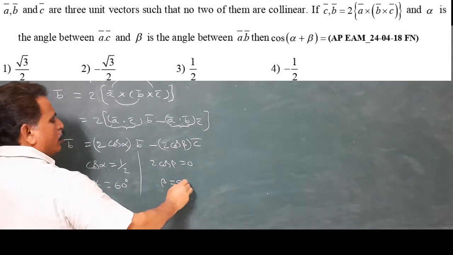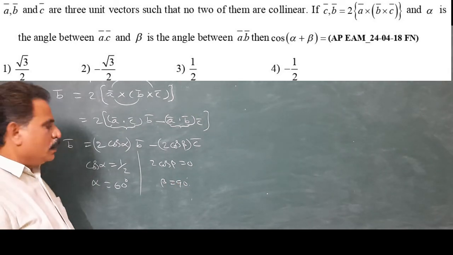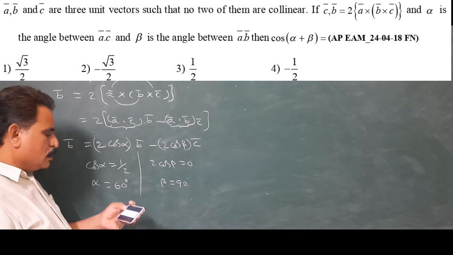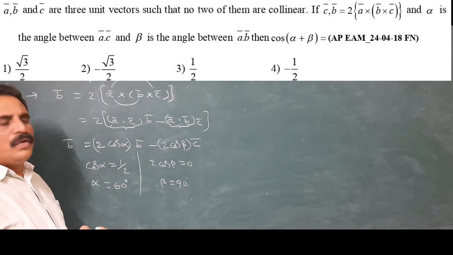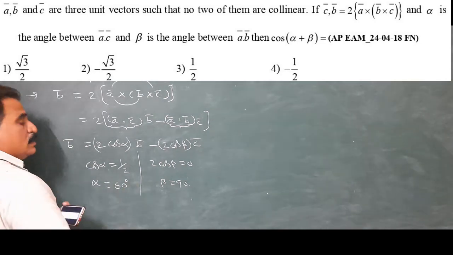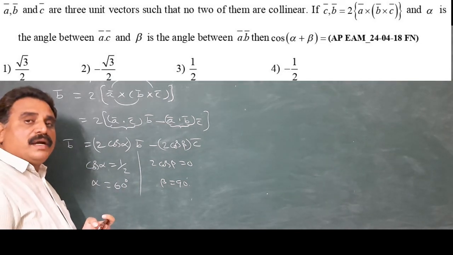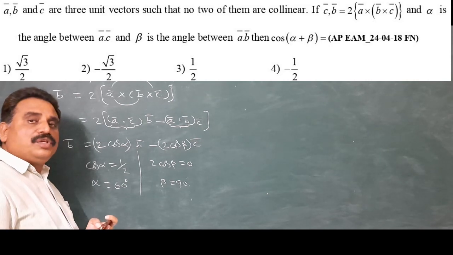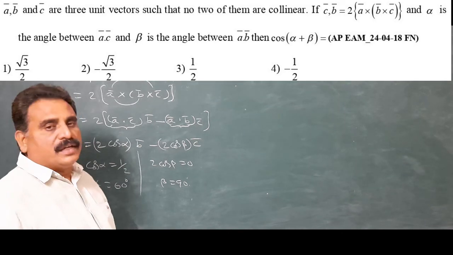Beta equal to 90 degrees. Now cos of alpha plus beta equals cos of 90 plus 60, which is minus sin 60, which is minus root 3 by 2. The answer is minus root 3 by 2. That is the right answer.